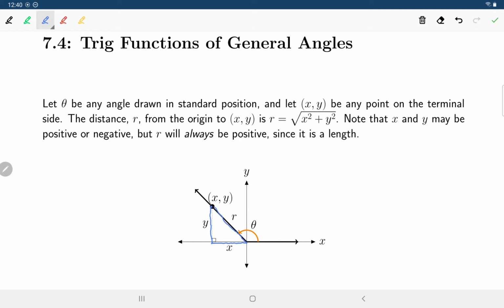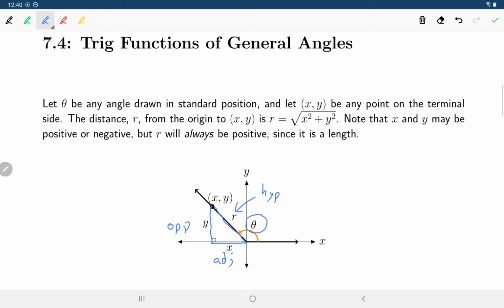And if you're thinking about this right triangle, for the angle theta, that angle is next to the x side. So the x side, in a sense, is kind of like our adjacent side. The side that's opposite to it would be the y side. And of course, that value of r that we have, that's our hypotenuse of that right triangle.